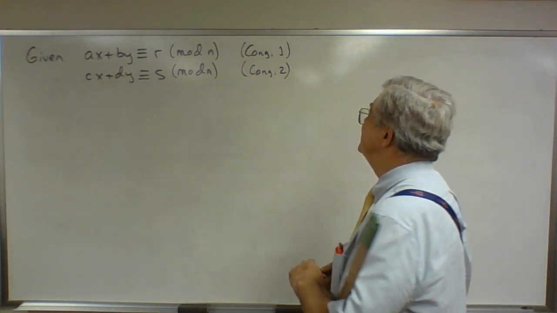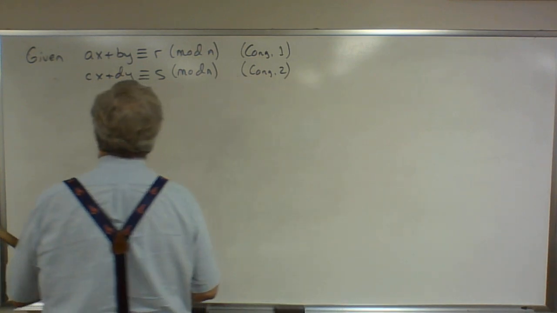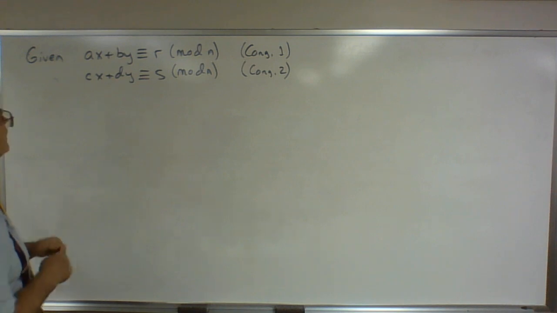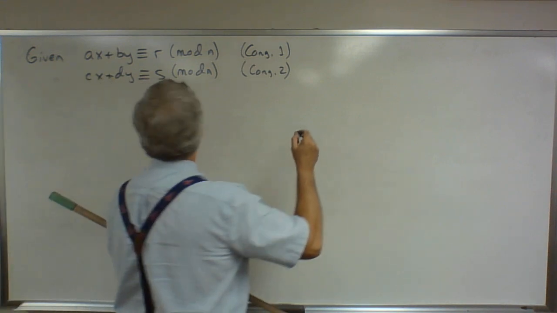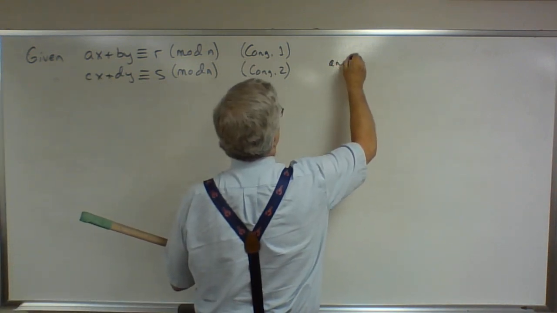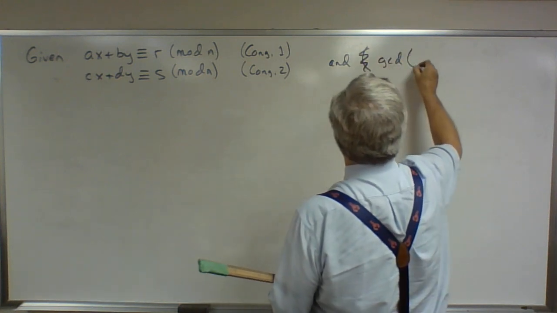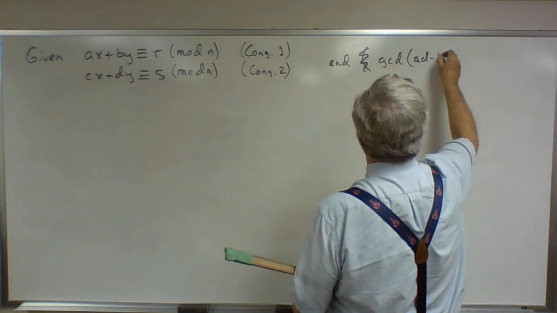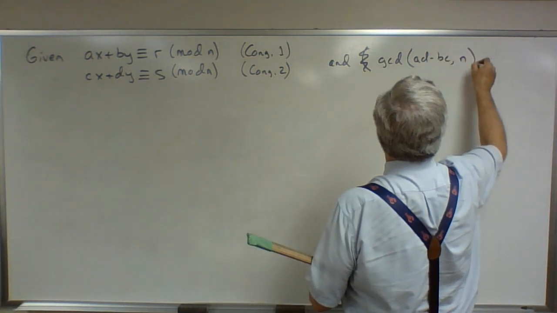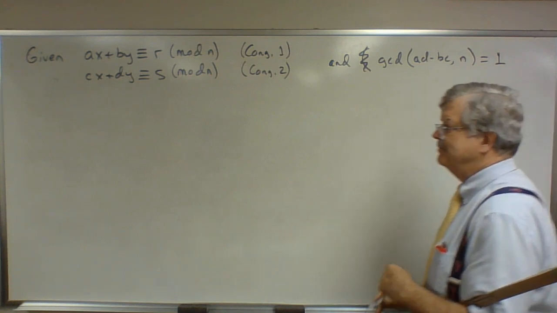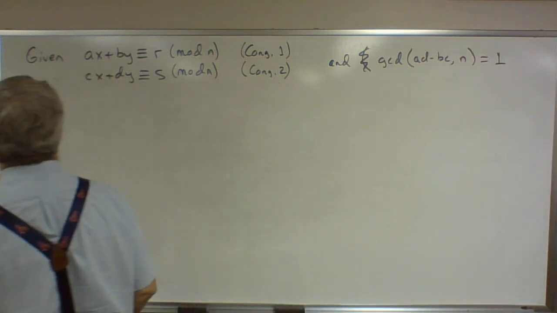And let's just say that we're given that the gcd is 1. What do we do?